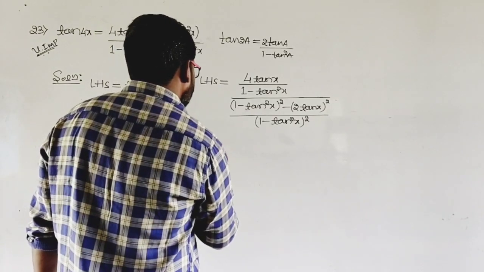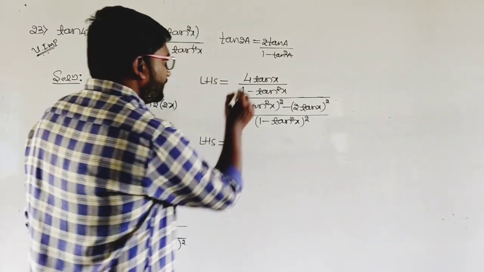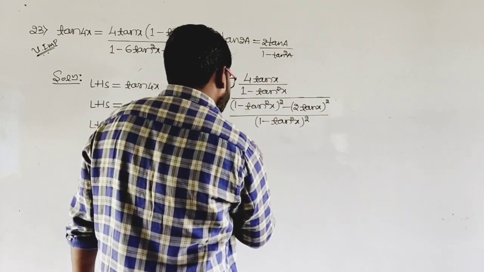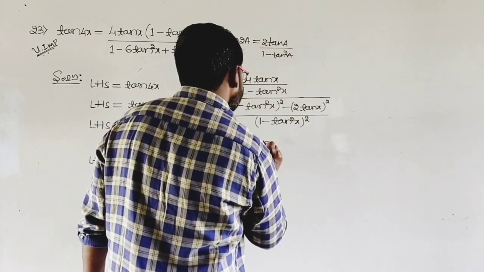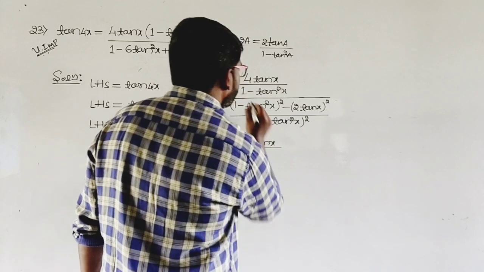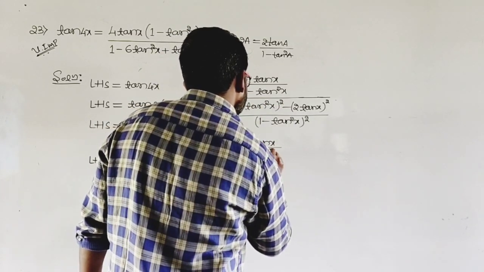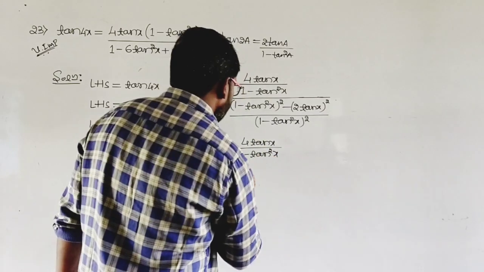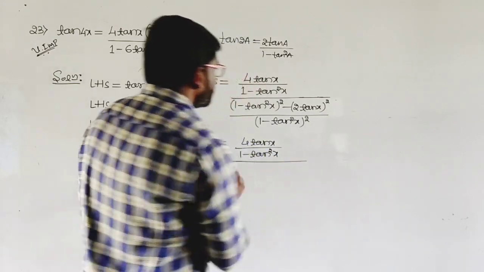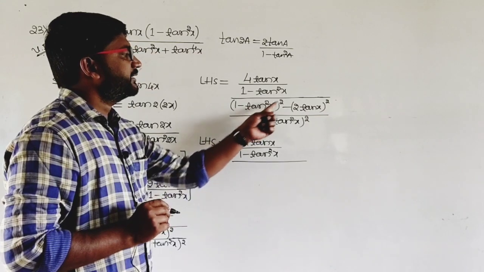LHS is equal to, write this as it is now, 4 tan x divided by 1 minus tan square x, then whole divided by, so here it is in the form of a minus b the whole square.